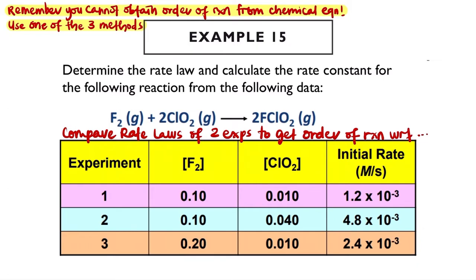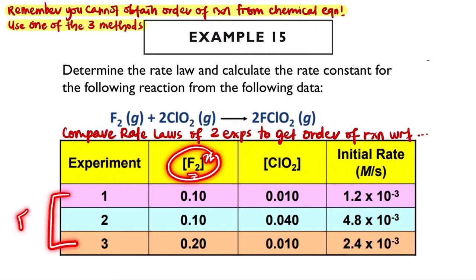Why do I want to pick the one that is the same? So that it will cancel out, and then I can find the order for F2. To find the order of reaction X with respect to F2, I will pick experiments 1 and 3.